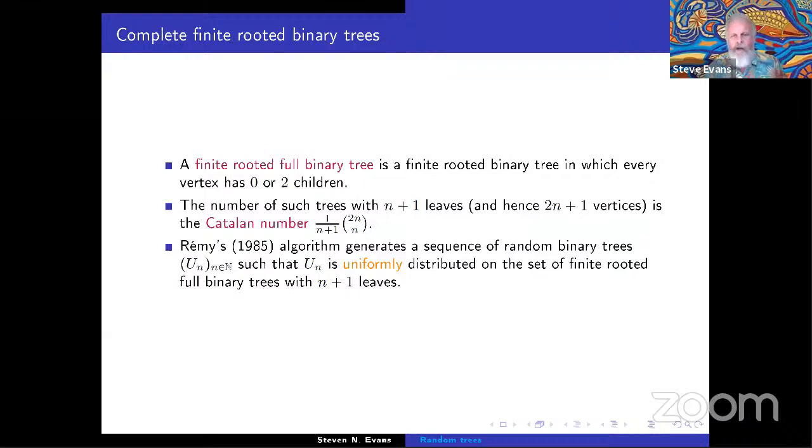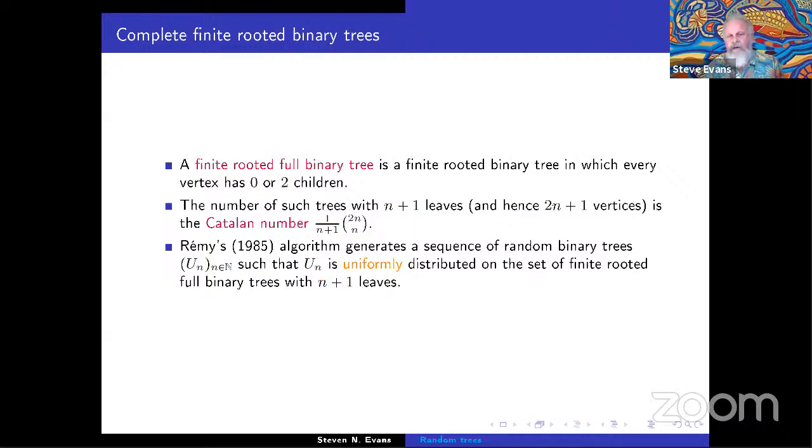So we'll have one more class of examples of processes, and then we'll start developing some theory about classifying all the possible ways that one can run certain of these tree valued processes backwards.